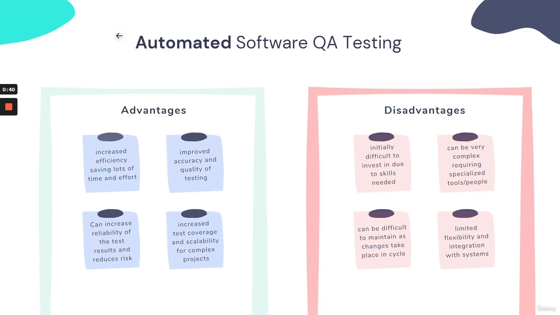Some of the disadvantages for automated QA testing include that it initially is difficult to invest in due to skills needed. It can also be very complex, requiring specialized tools and specialized people. It can be sometimes difficult to maintain because there can be changes that take place in the cycle throughout the process. And there's limited flexibility and integration with some of the other systems.